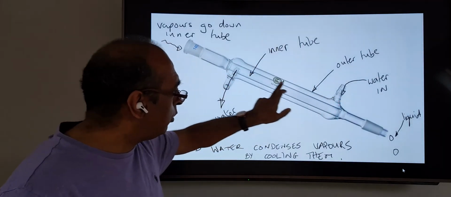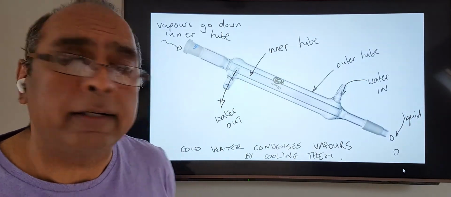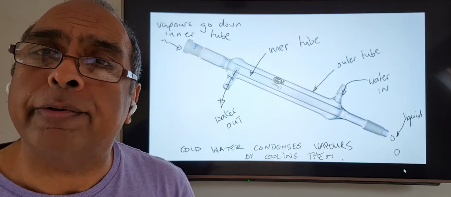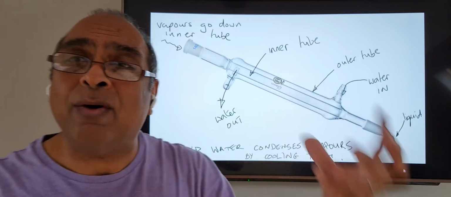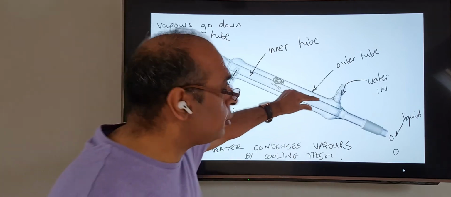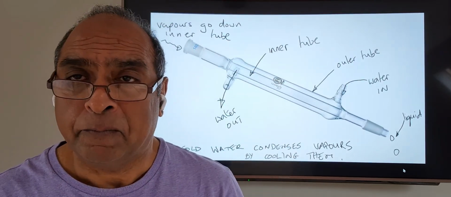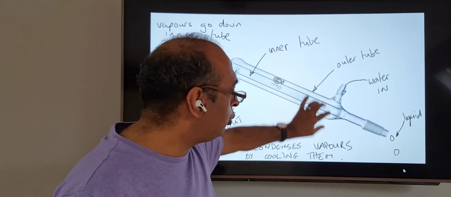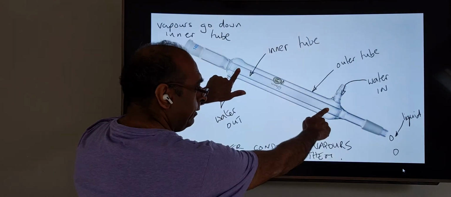So water goes in there, water goes out there, and you run cold water through the outer tube. And when you run cold water through the outer tube, the cold water will keep the inner tube cold. And that's the essential thing. It cools the inner tube down, and the inner tube is cooled down between there and there.